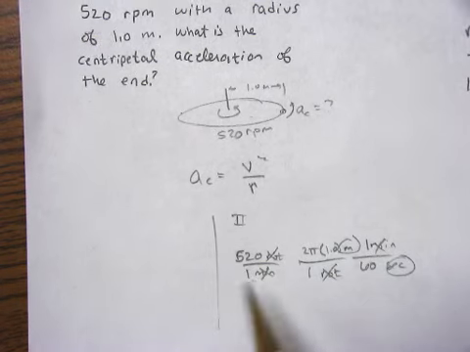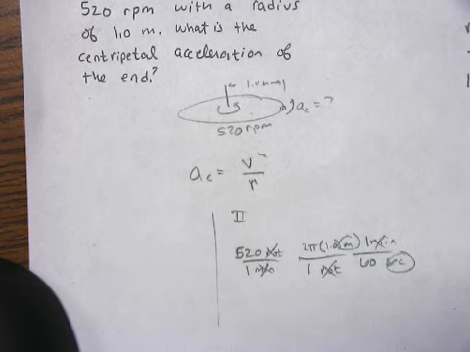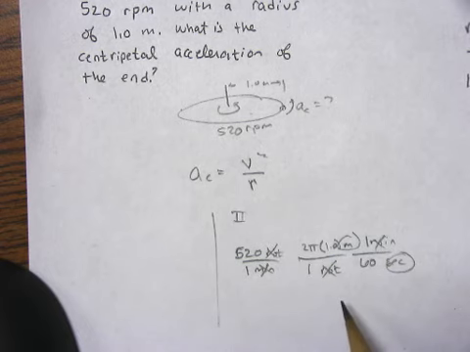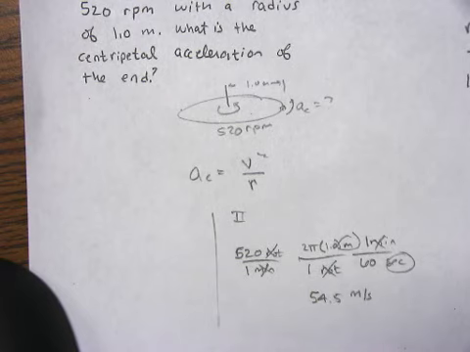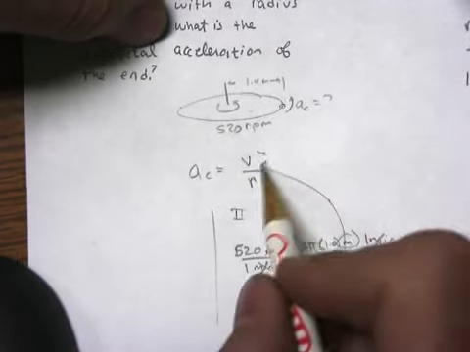So 520 times 2 pi divided by 60, and I get 54.5 meters per second. So that's my speed. I'll end up putting that there.